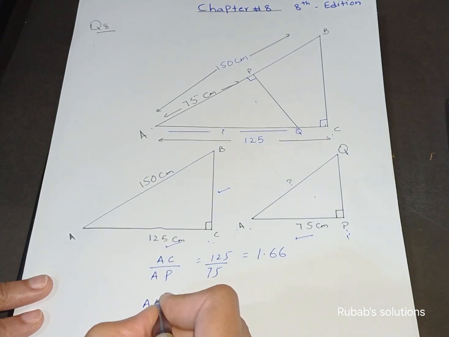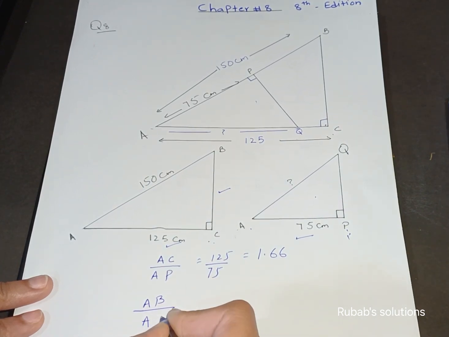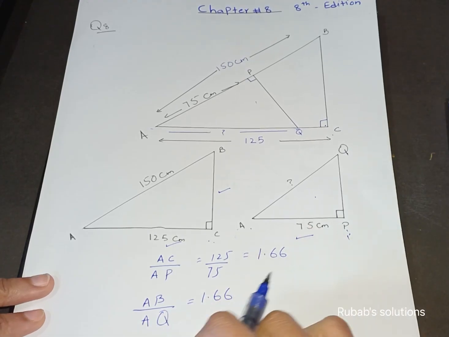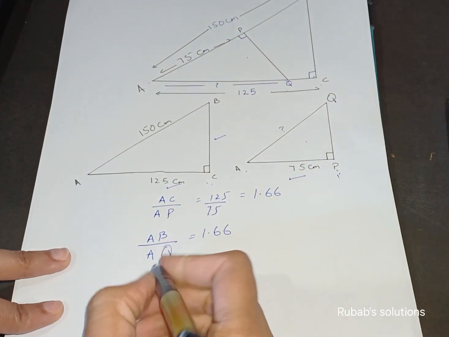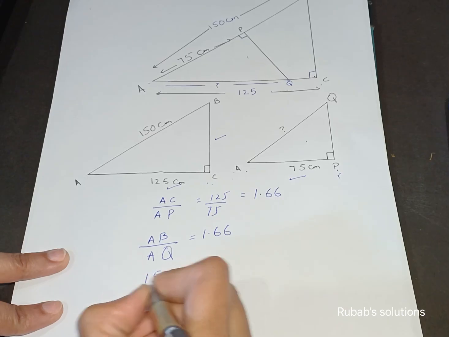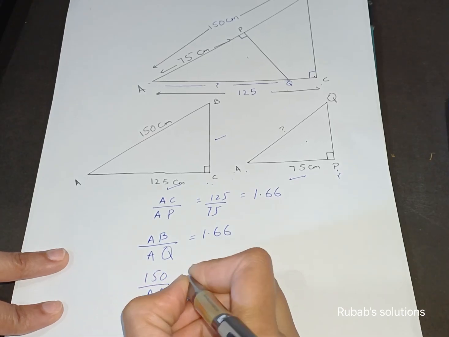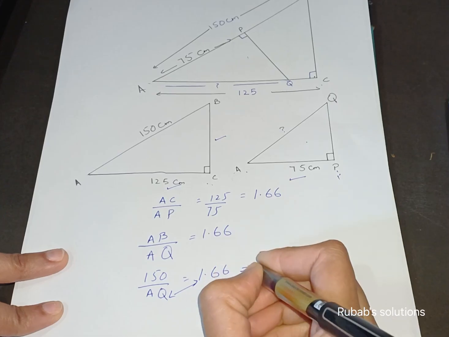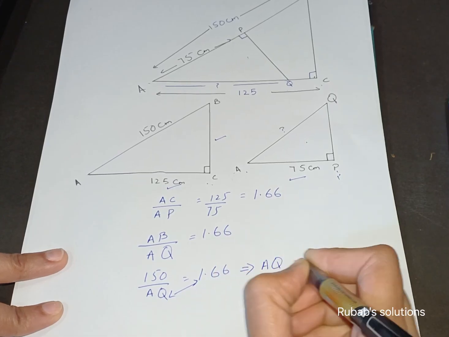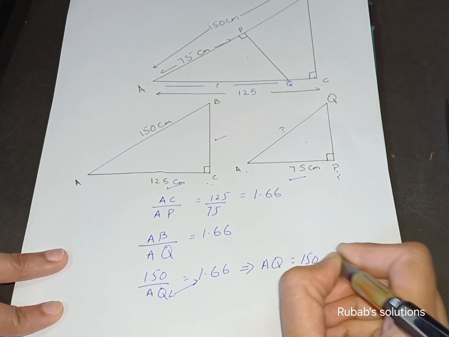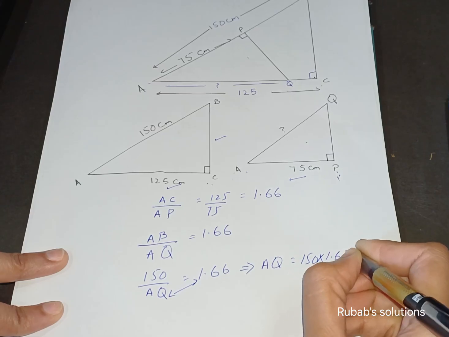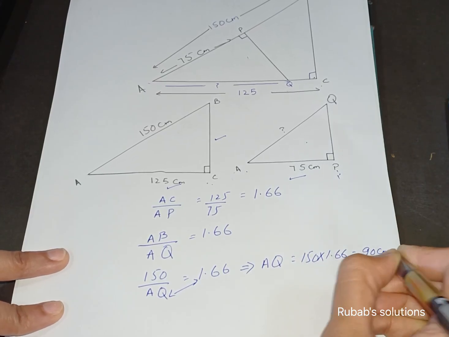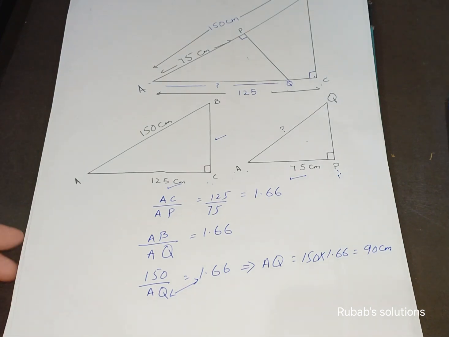AB divided by AQ is equal to 1.66. The value of AB is given, that is 150, divided by AQ is equal to 1.66. By cross multiplication, AQ will be equal to 150 multiplied by 1.66, and the answer is 90 centimeter. That is it for question number 8.